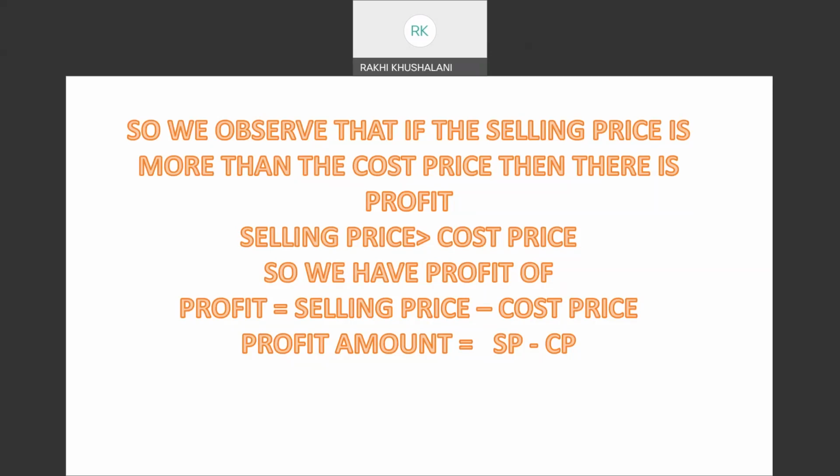He must have got it at rupees 51 or maybe 52 or maybe 53, and just by adding a profit of rupees 2, he's selling me at rupees 55. So what is his cost price? His cost price is rupees 53. His profit is rupees 2, and then his selling price becomes 55.